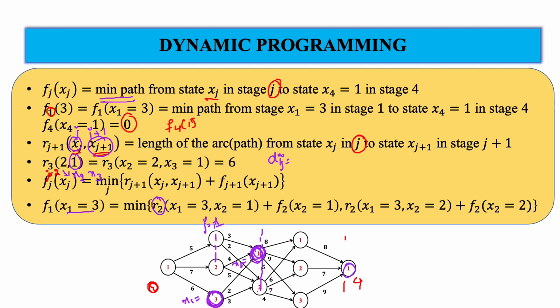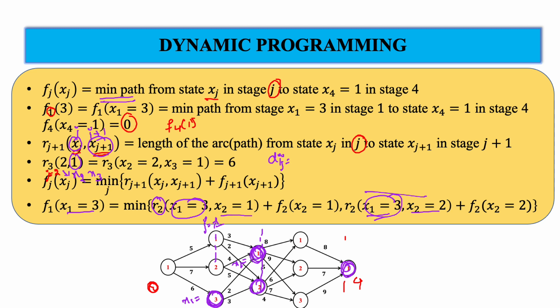Similarly r2, the arc from x1 equals 3. See, both we are taking the same stage, and now two different states we are taking, 1 and 2. From 1 and 2 both nodes are available, length is available. So arc length plus minimum distance from this to the final state.